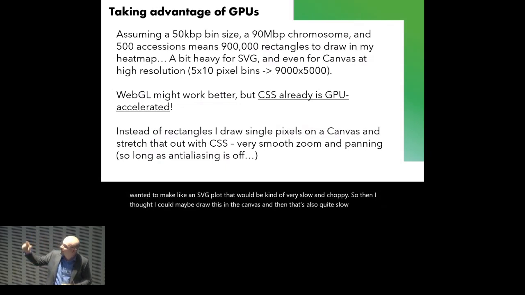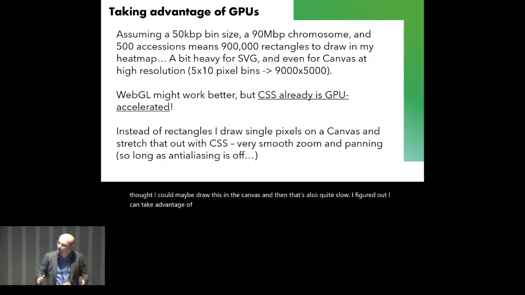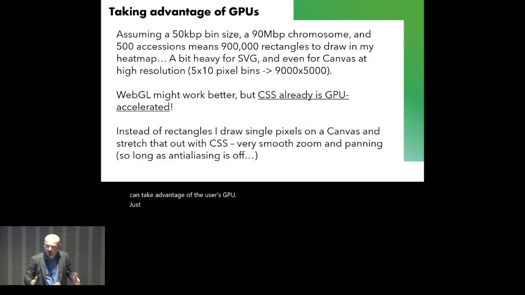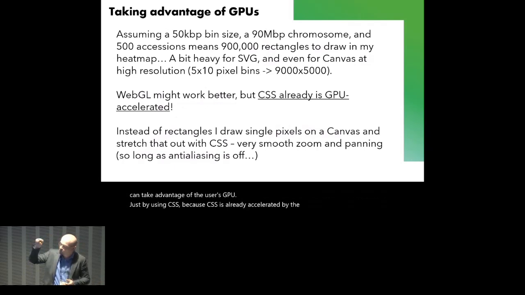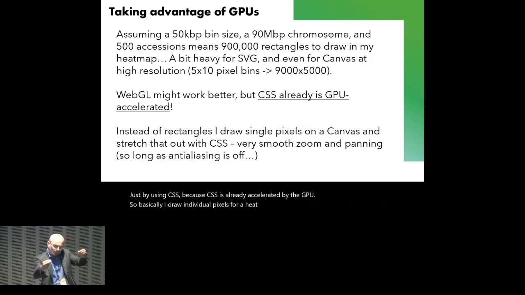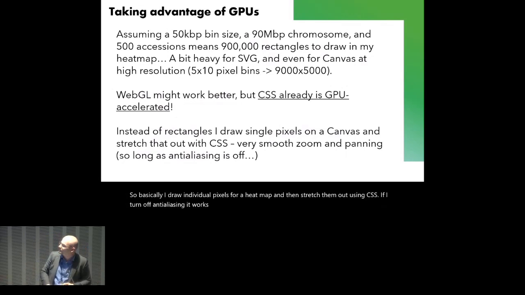I figured out I can take advantage of the user's GPU just by using CSS, because CSS is already accelerated by the GPU. So basically I draw individual pixels for a heat map and then stretch them out using CSS. If I turn off anti-aliasing, it works. It looks just as fine. Maybe a more mature solution would be to use something like WebGL.